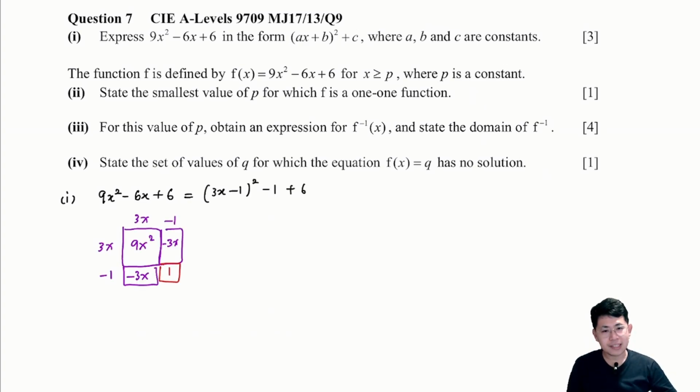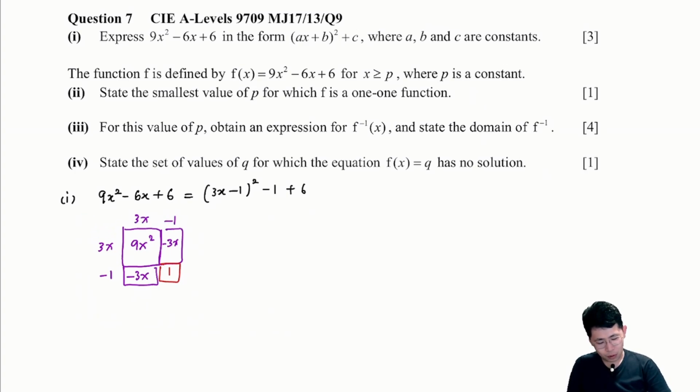So doing some Sec 2 or Sec 3 math, I managed to get this out to complete the square. So it's mainly 9x squared and this. I hope you've seen the multiplication frame before. It's really to help me complete the square in a very nice way.